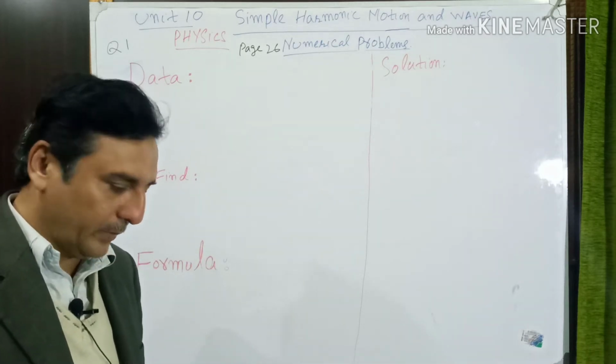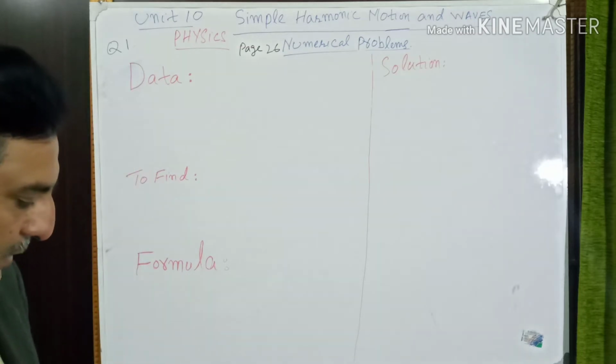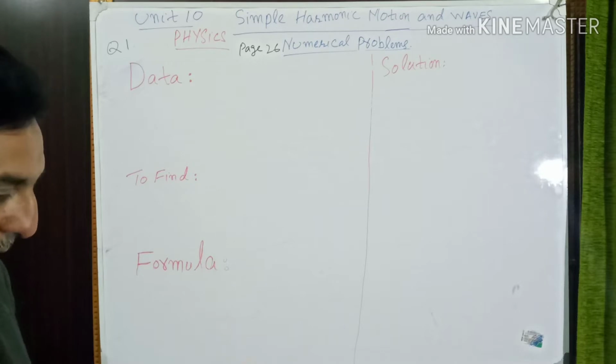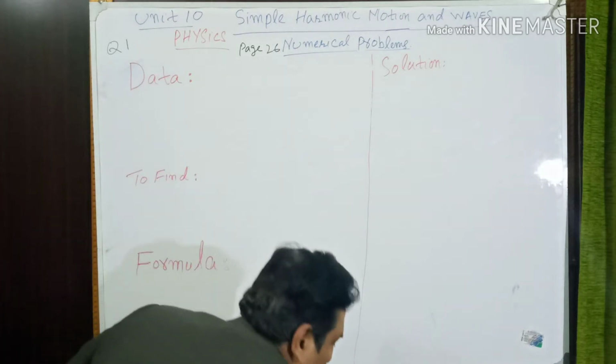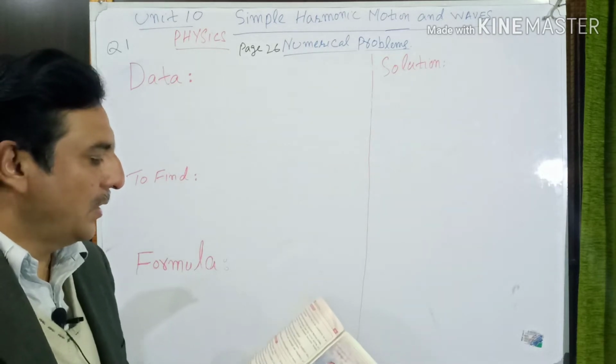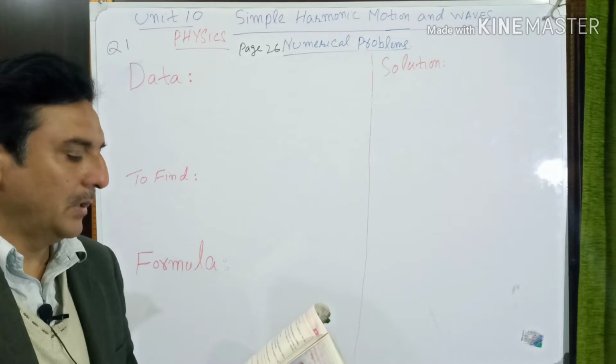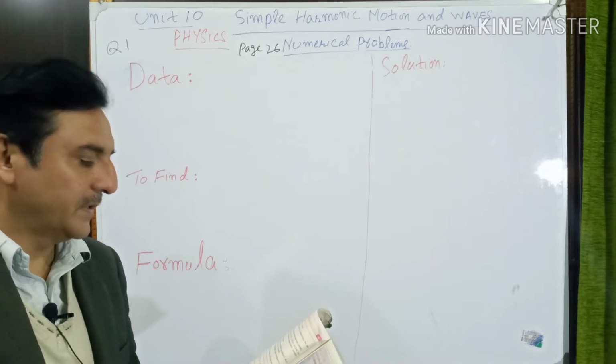There are 7 numericals. We do it one by one. The first is: a mass hung from a spring vibrates 15 times in 12 seconds.